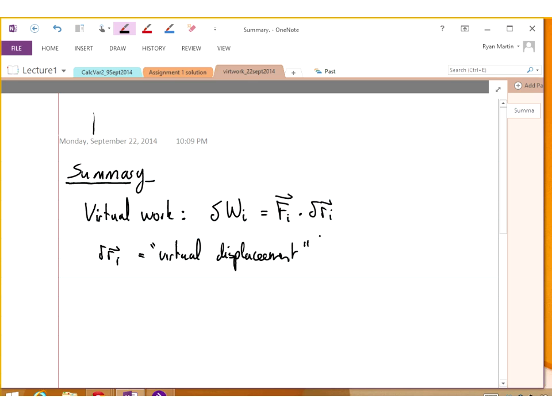And this virtual displacement is in "harmony" with the constraints. I'll put "in harmony" in quotation marks.